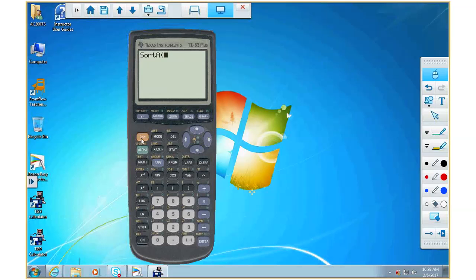L1, second 1. See the little L1 right there? Close parenthesis, enter. Now go to Stat, Edit, and it's in order. Okay, so that works good when you need to do a bunch of numbers.